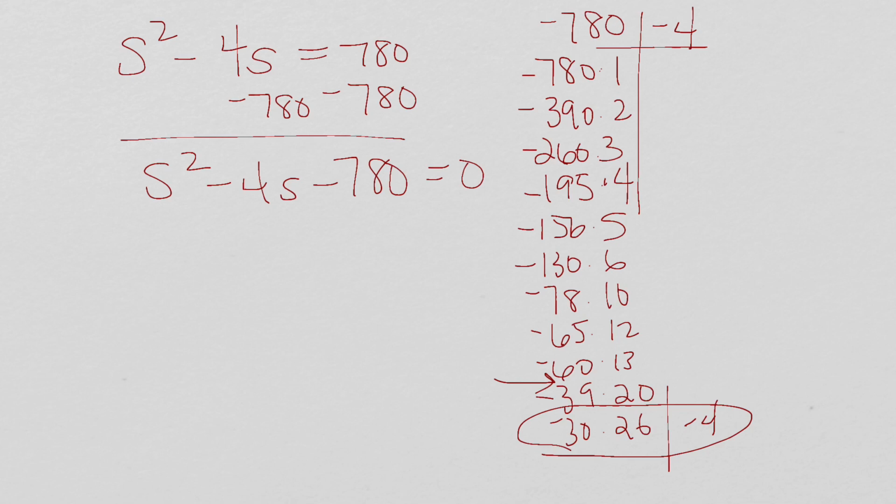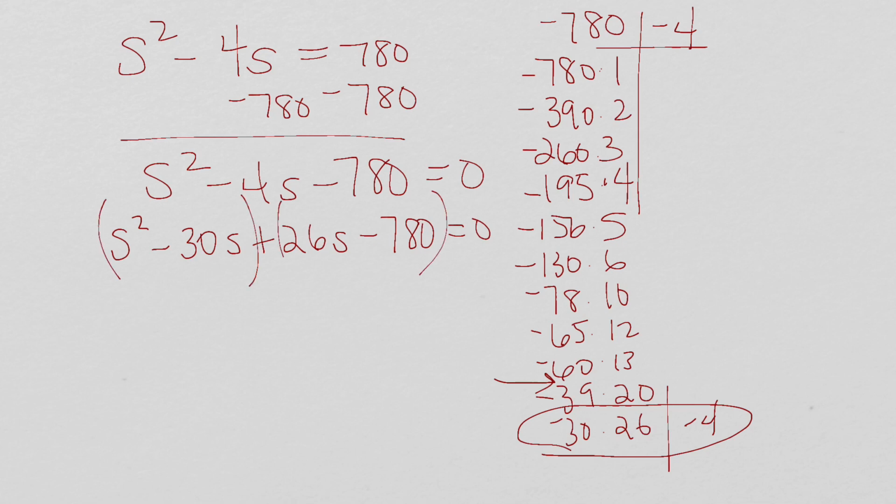So I'm going to come over here and factor by grouping. I'm going to have S squared minus 30S plus 26S minus 780 equals 0. You can group the first two and the last two. Take a common factor of S out of this first pair, so that's S times S minus 30.